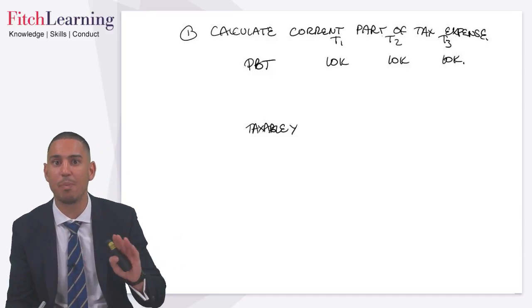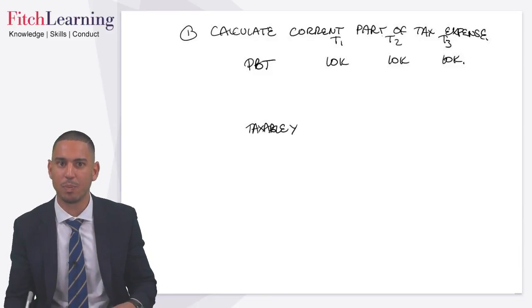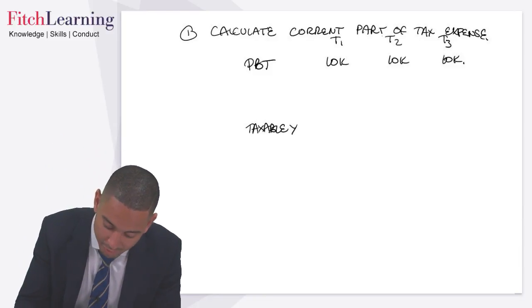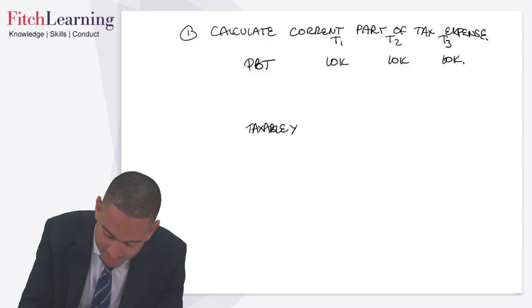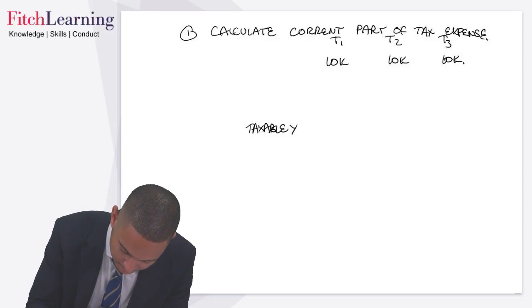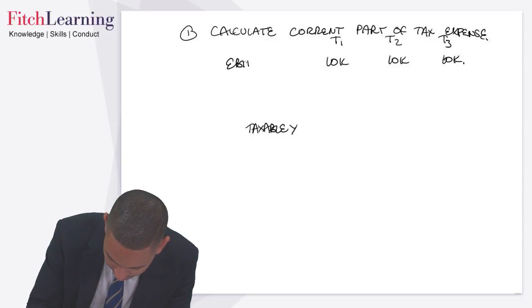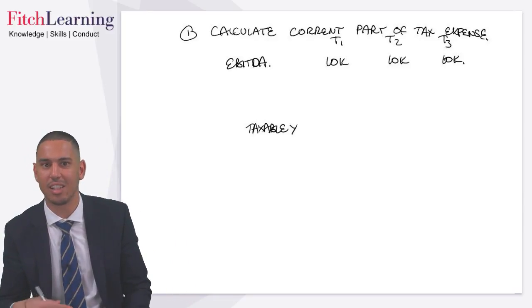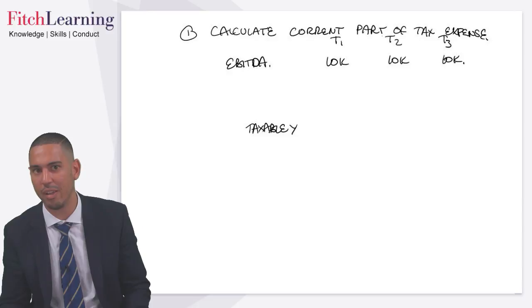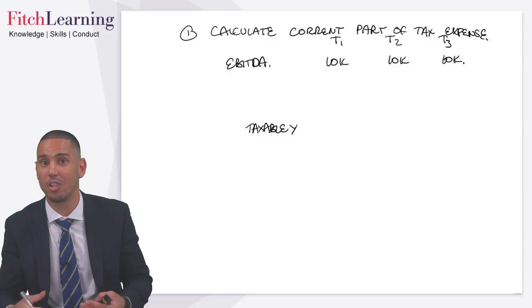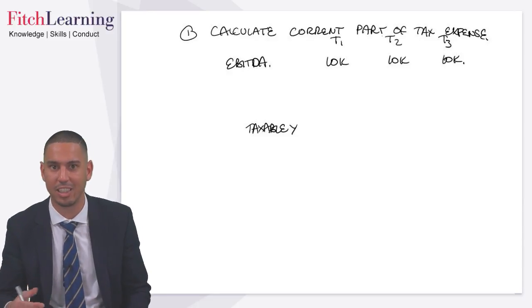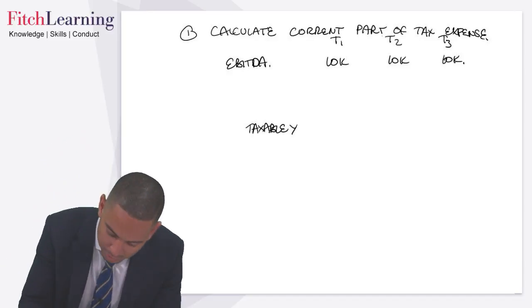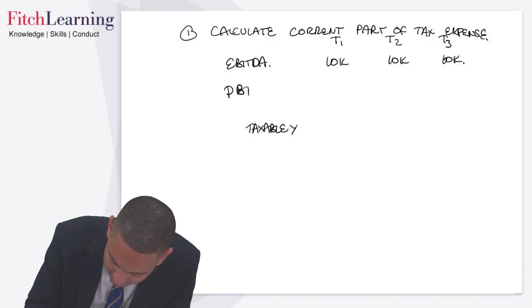Depreciation of 3K per period. Sorry, this is my EBITDA. So my EBITDA is going to be 10,000 every single period. And what I'm then going to do is strip out depreciation in my accounts. And that will take me down to my profit before tax.